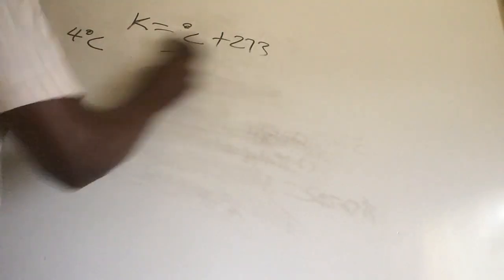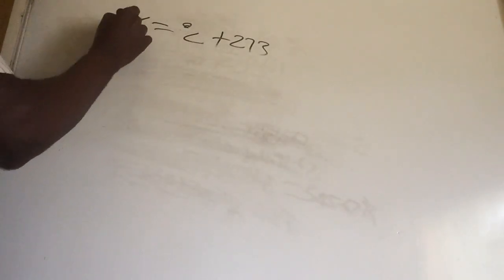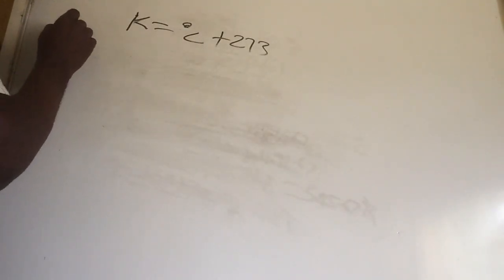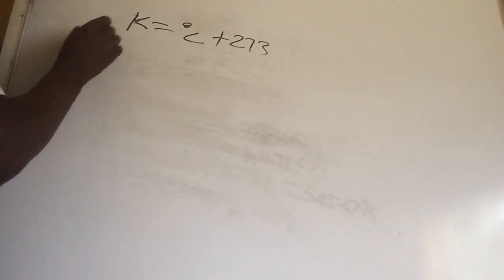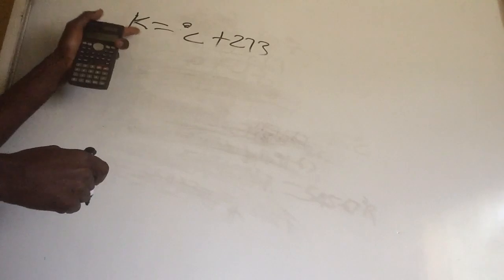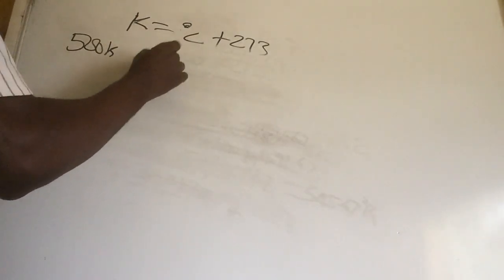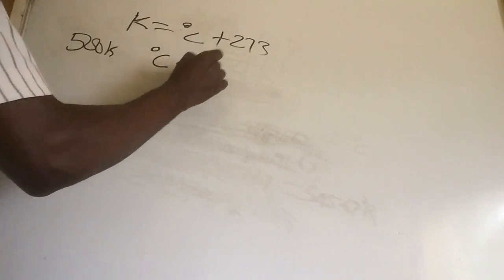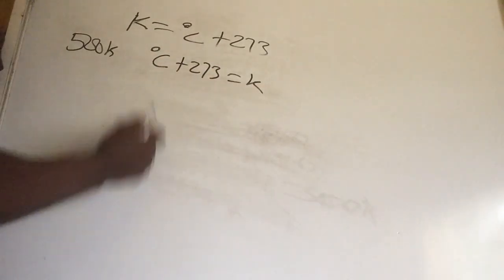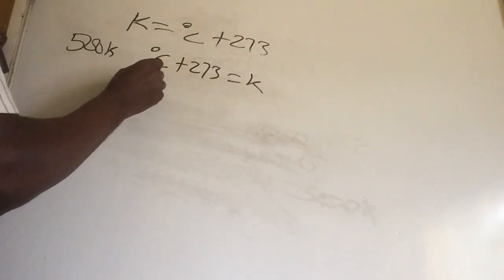Now converting Kelvin to degrees Celsius, we still make use of this formula. If we have 500 Kelvin and want to convert it to degrees Celsius, remember we still have this formula, which equals Kelvin. Making Celsius the subject of the formula, you transfer this one to the other side to become minus.